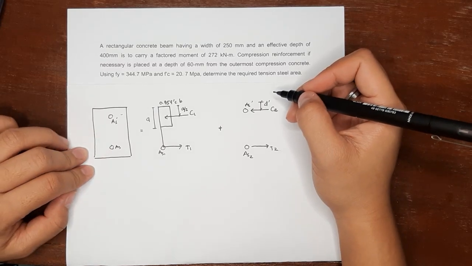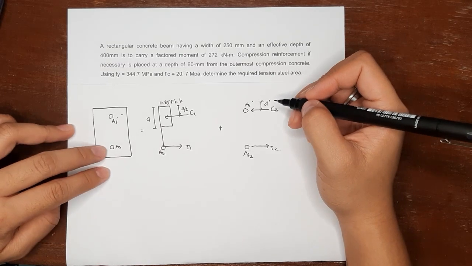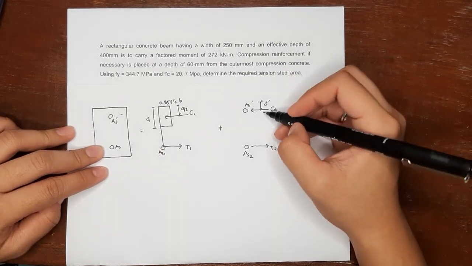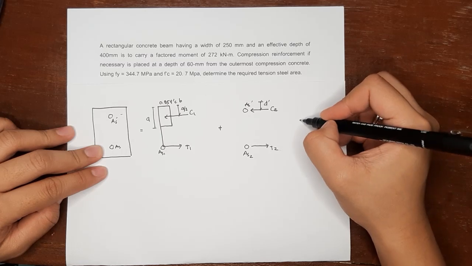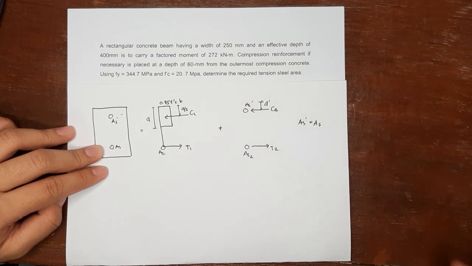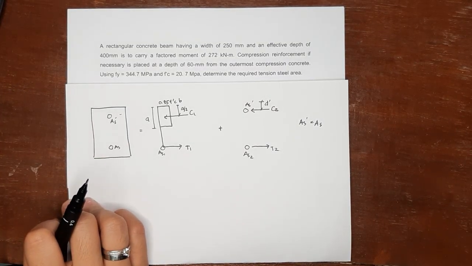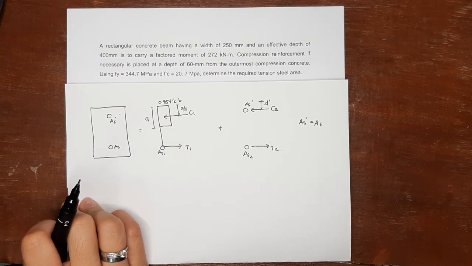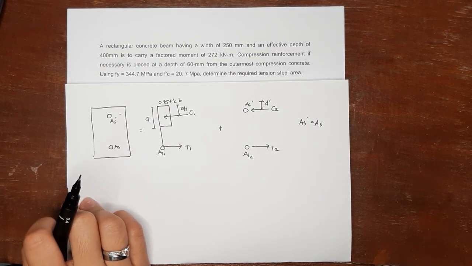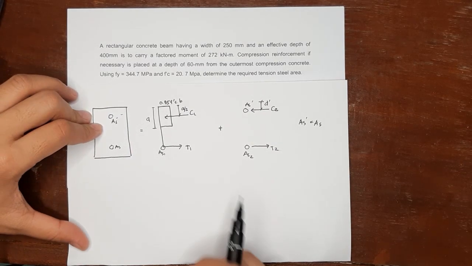So in order for us to have your AS2 and AS prime, since our steel is yielding, our AS prime is equal to AS2. So we can use either of the two formula. We can use your formula for tension, and we can also use our formula for compression. But in this problem, let us use your formula for tension.